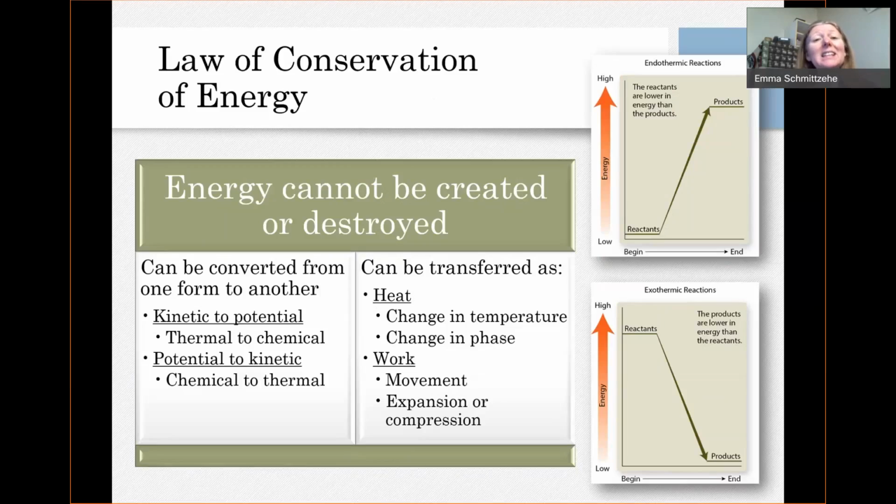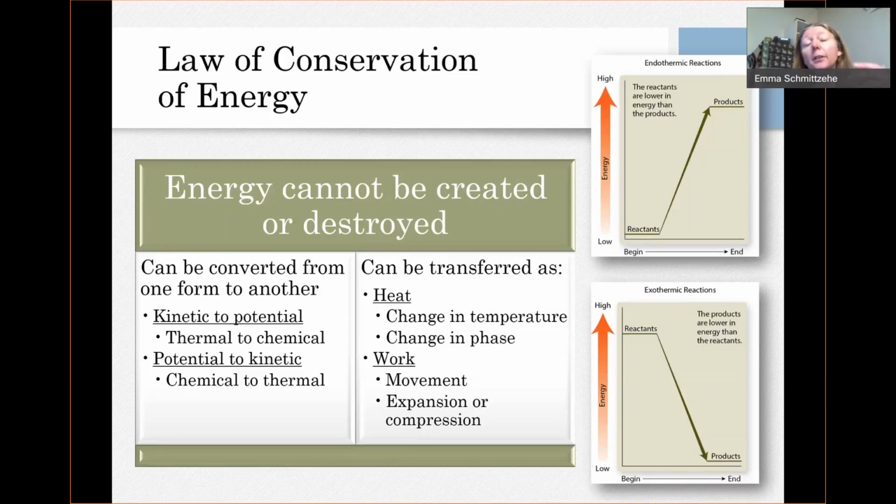And that heat is energy. So it's absorbing energy in the form of heat, okay? And so that means that your reactants are starting at a lower energy and your products actually end up with a higher amount of energy if that reaction is absorbing heat in the process.